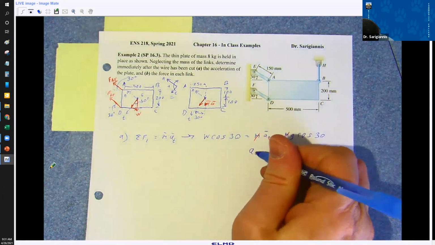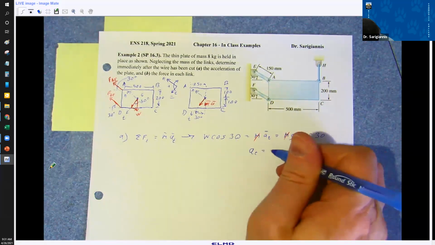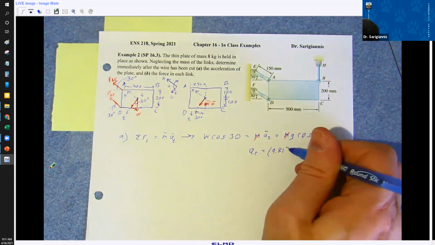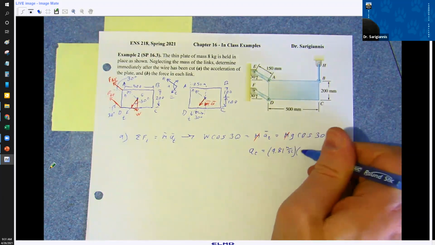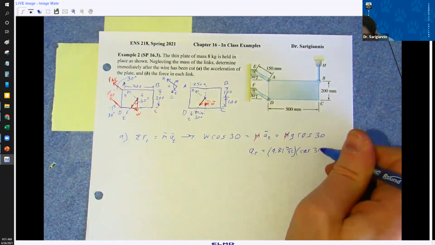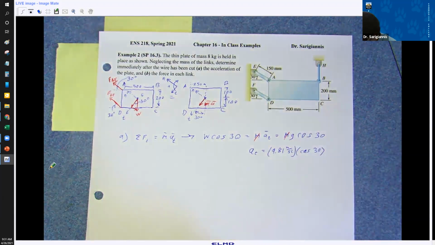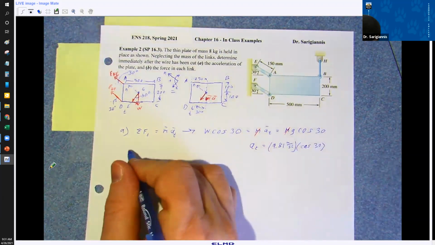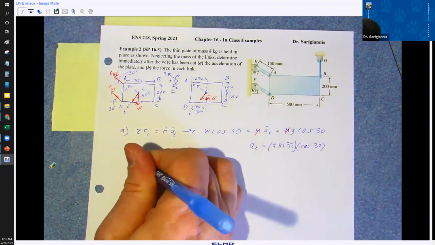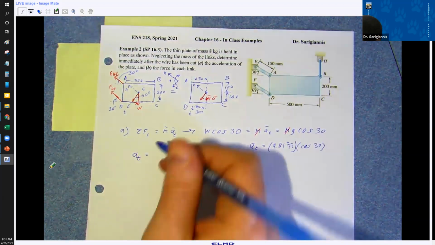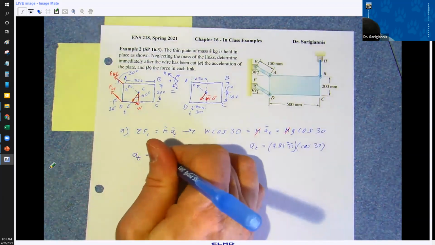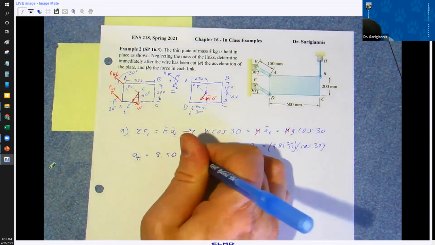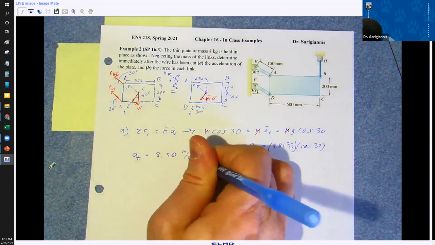So the tangential acceleration is 9.81 meters per second squared cosine 30. So for part A, the tangential acceleration turns out to be 8.50 meters per second squared.